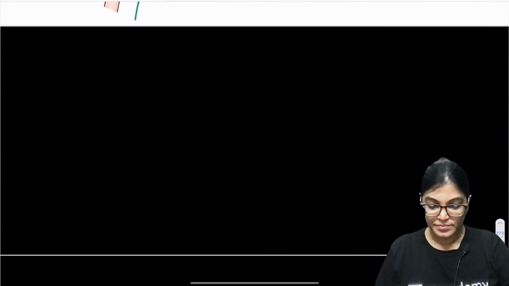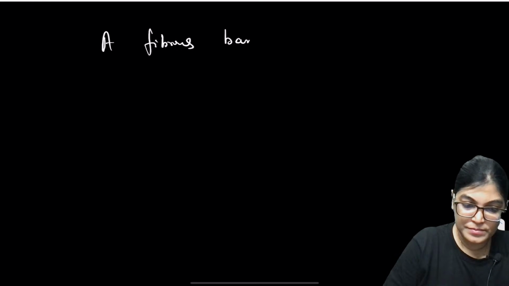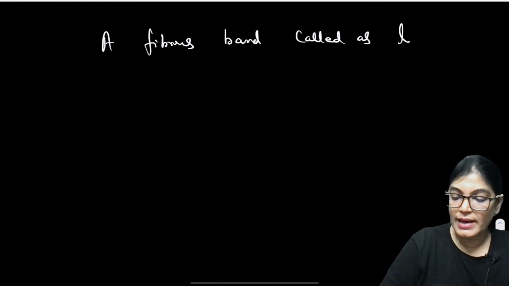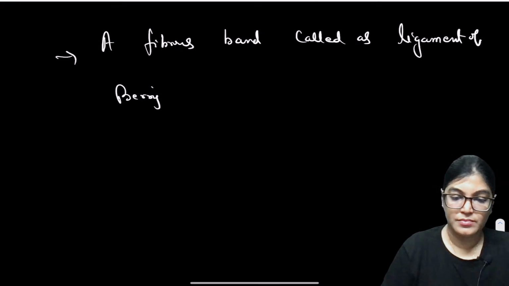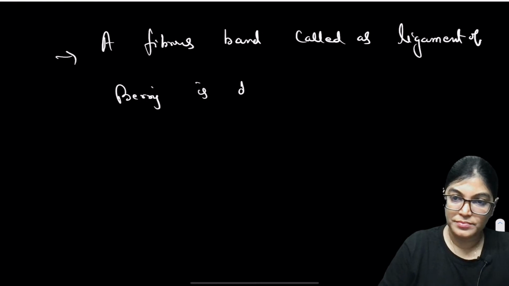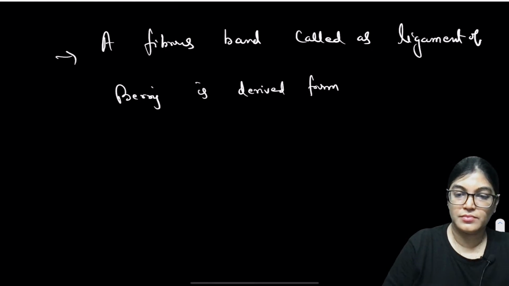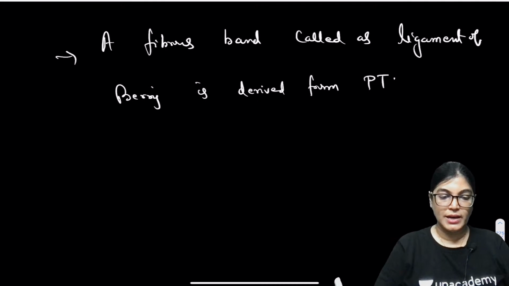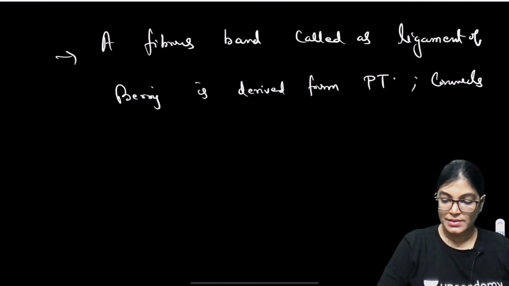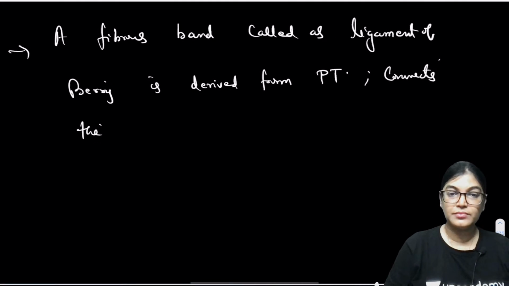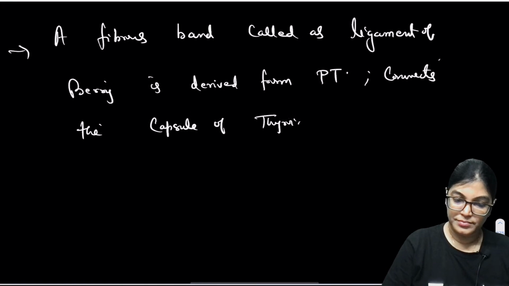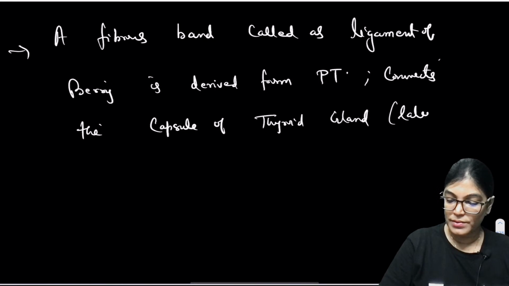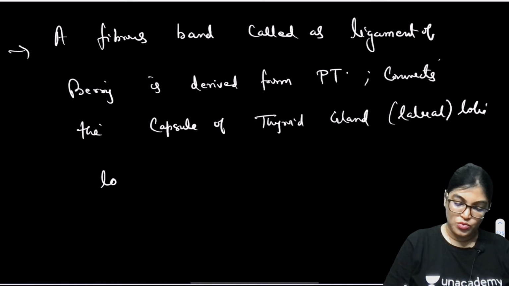So, a fibrous band called the ligament of Berry is derived from the pre-tracheal layer of the fascia and forms a connection between the capsule of the thyroid gland, lateral lobe, and the cricoid cartilage.